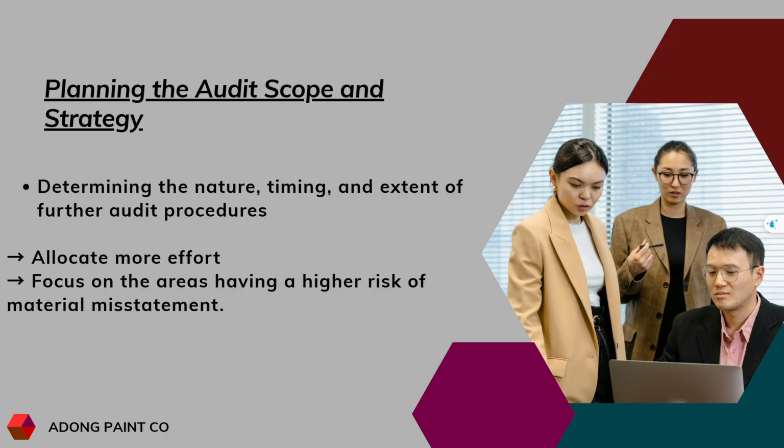The results of the IAP are crucial for determining the nature, timing, or extent of further audit procedures. The auditor will allocate more effort and focus on the areas identified as having a high risk of material misstatement.